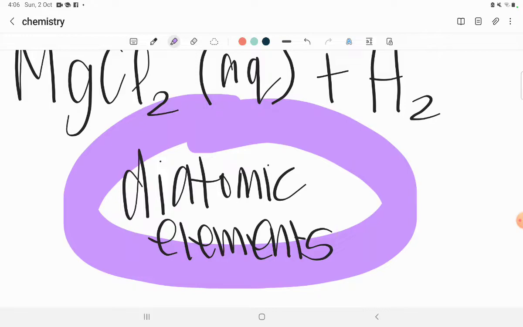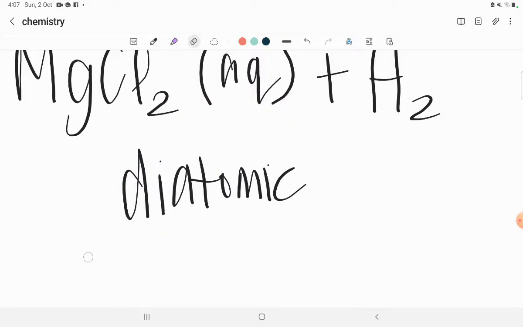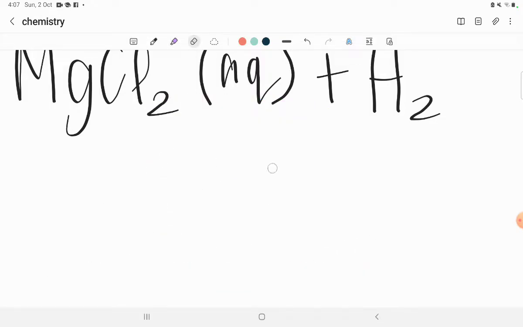That means there are two atoms, and these two atoms are always together. So it will always be something 2: O2, N2 or H2. Then pay attention over here, Cl2 and H2.